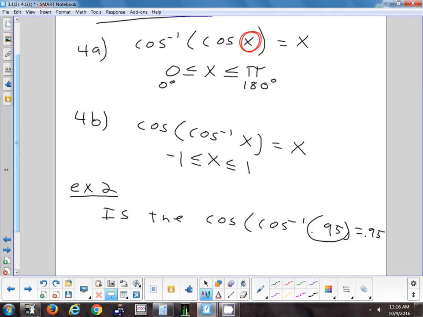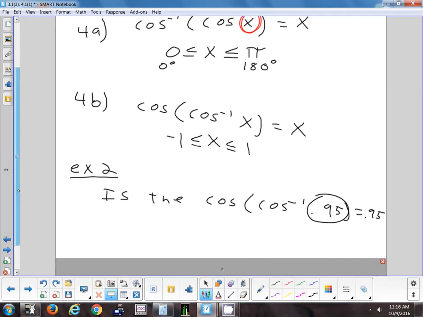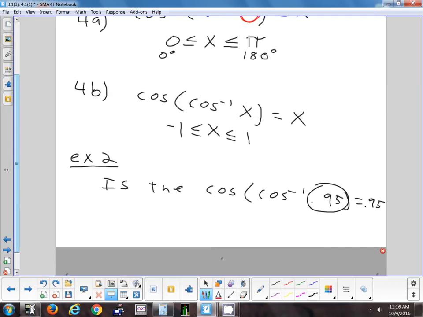So I know what that number should be between. Okay, Paige, what's my restriction in formula 4b? -1 and 1. Yeah, you got to plug in a number between -1 and 1 for this to work. Okay, and Karen, did we plug in a number between what Paige just said? Yeah. Okay, so what would be the answer to this problem? What would you write?